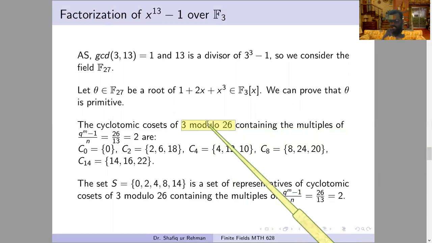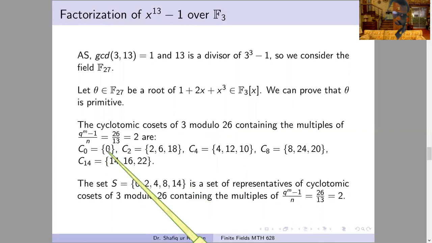We will not find all the cyclotomic cosets, but only those which contain a multiple of this number, which is (q^m minus 1) over n, equal to 26 over 13, which is 2. So we will take only those cyclotomic cosets which consist of multiples of 2.